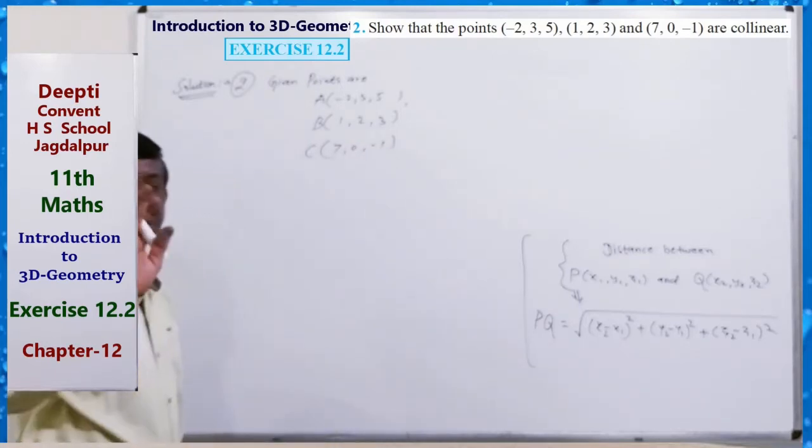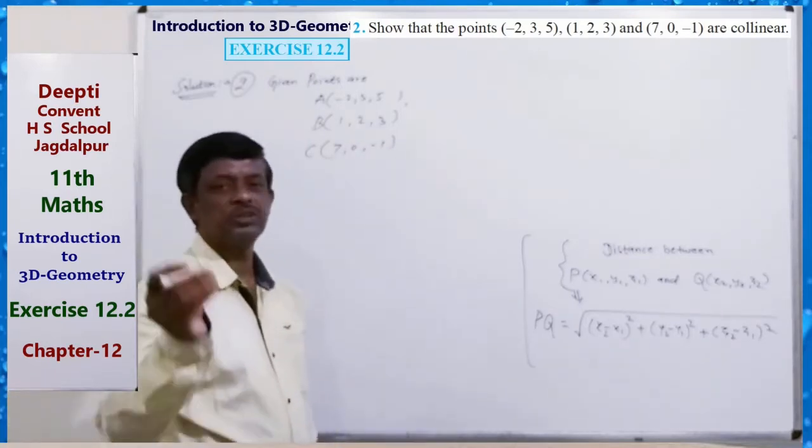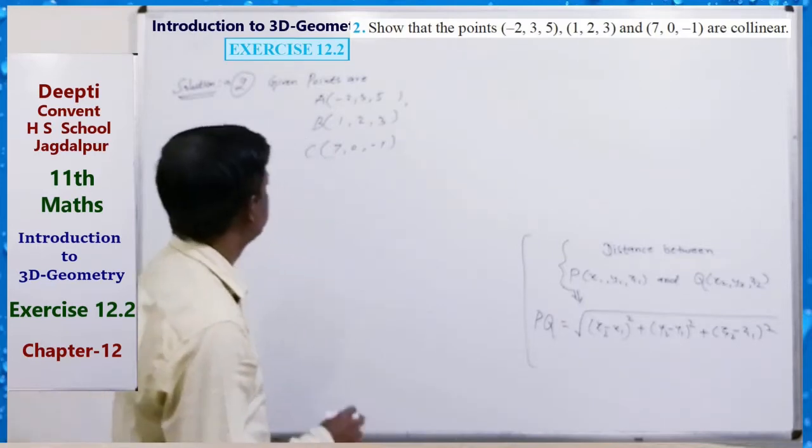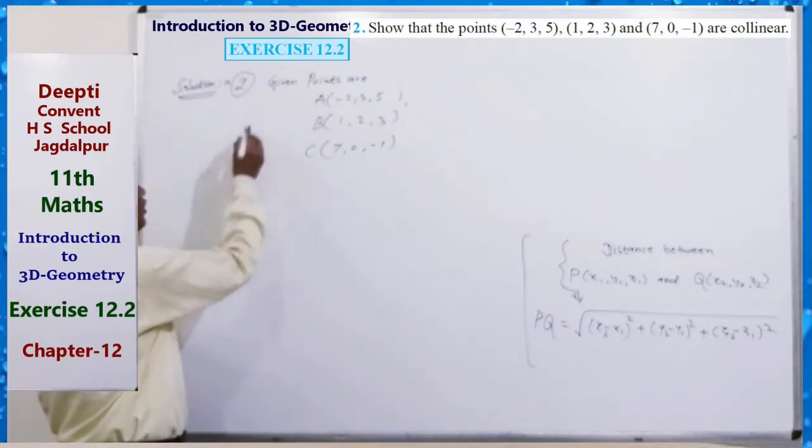These are the 3 points. We have to show that these points are collinear.